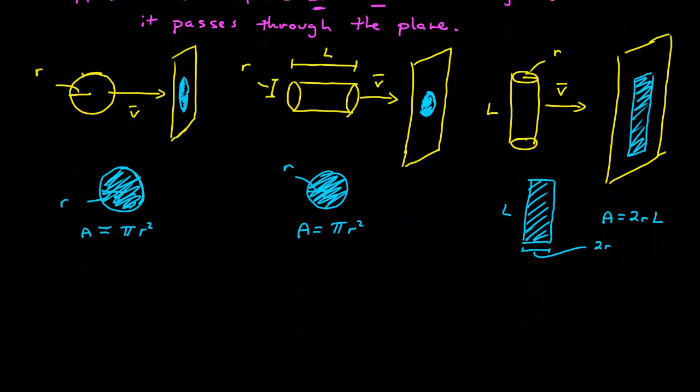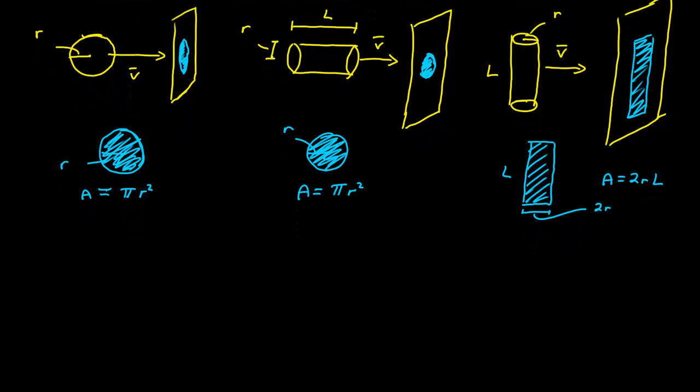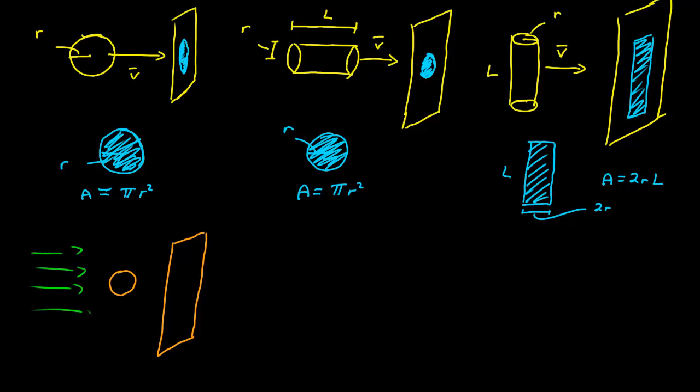Another way to think about this, if you want to think about the area covered in a plane by the object passing through it with a velocity, imagine instead, where the object is at rest and you have light shining in the direction of the velocity, and the plane is perpendicular to the light.